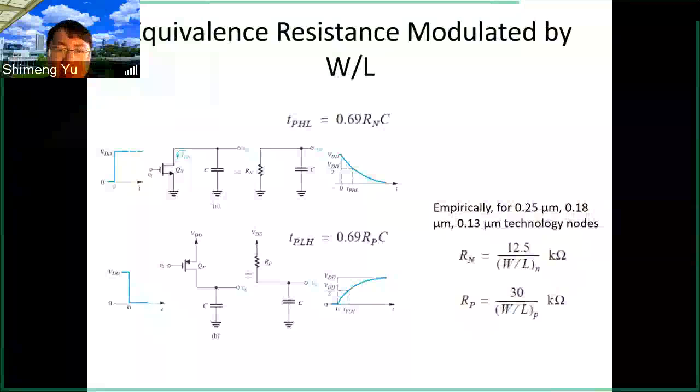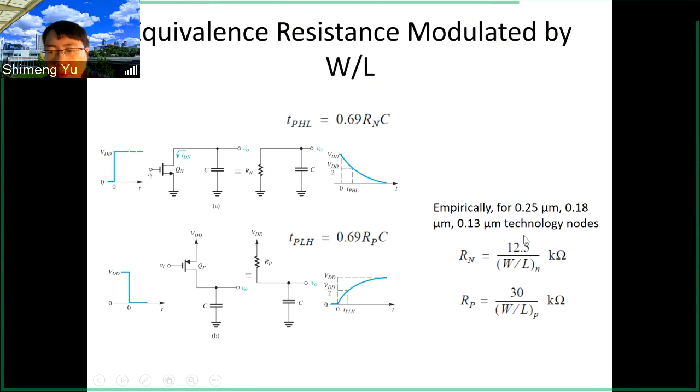And then what are this Rn and Rp? This is an approximation. If we think the transistor is like a resistor, this is not very accurate. So there is no formal equation for this Rn or Rp. What we can do is to empirically estimate the Rn and Rp for a given technology node. Different processes may give you different relationships here.